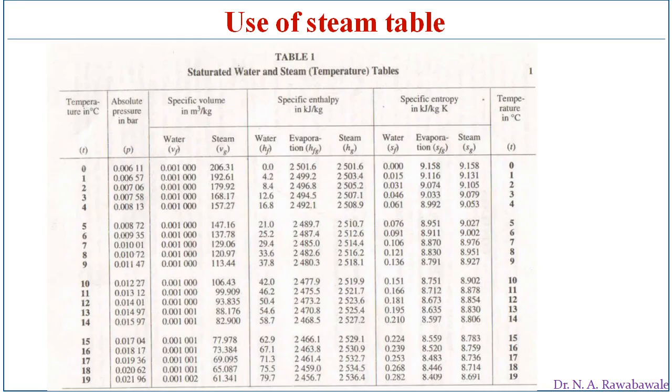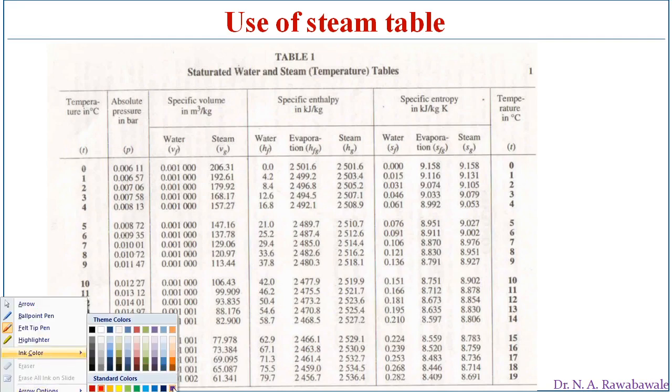The very first, the steam table is given in two forms or two ways. The steam table for saturated water is given in terms of the saturated temperature of water.